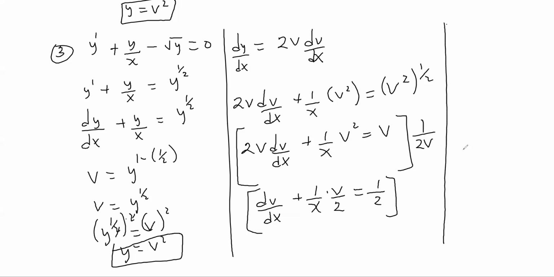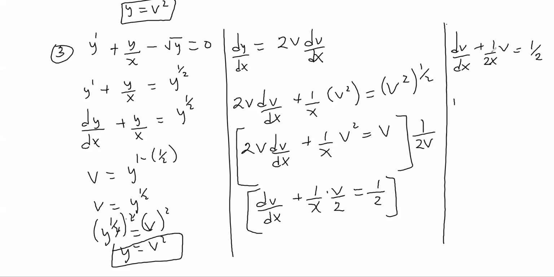So I will have dv by dx plus 1 over 2x times v equal to half.